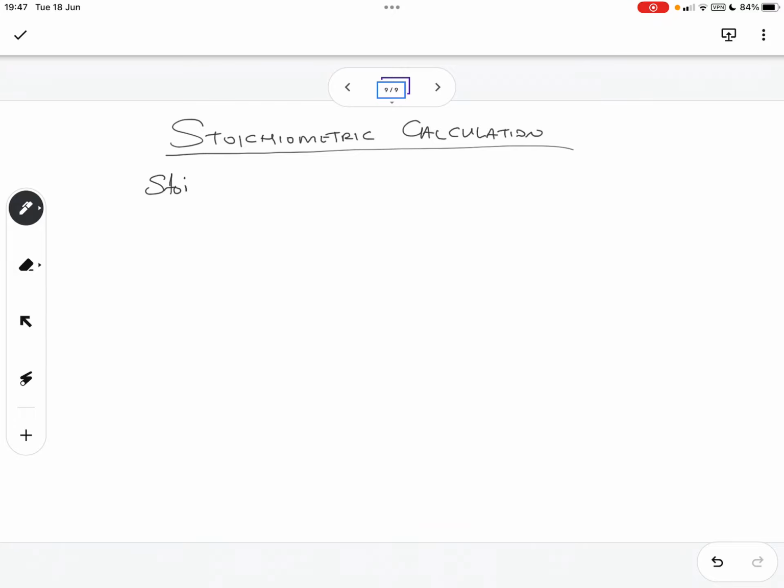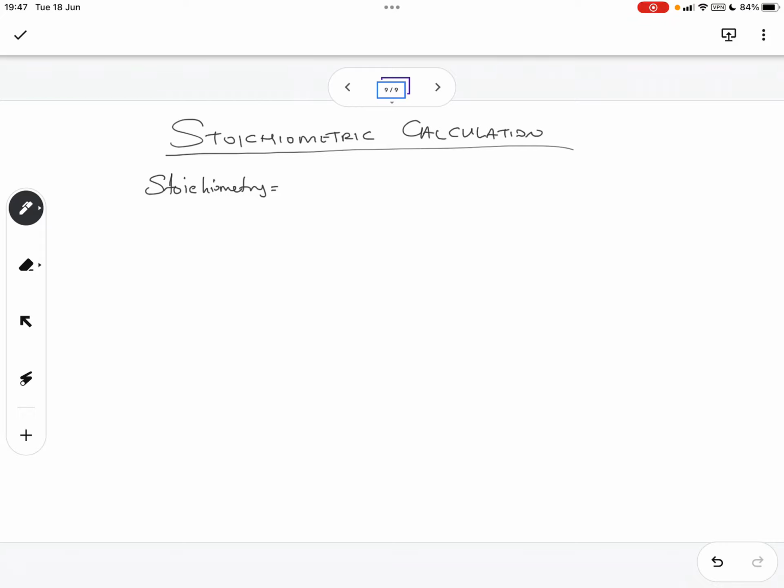Okay. So stoichiometry means the relationship between the weights of reactants and products before, during, and I guess after chemical reactions.